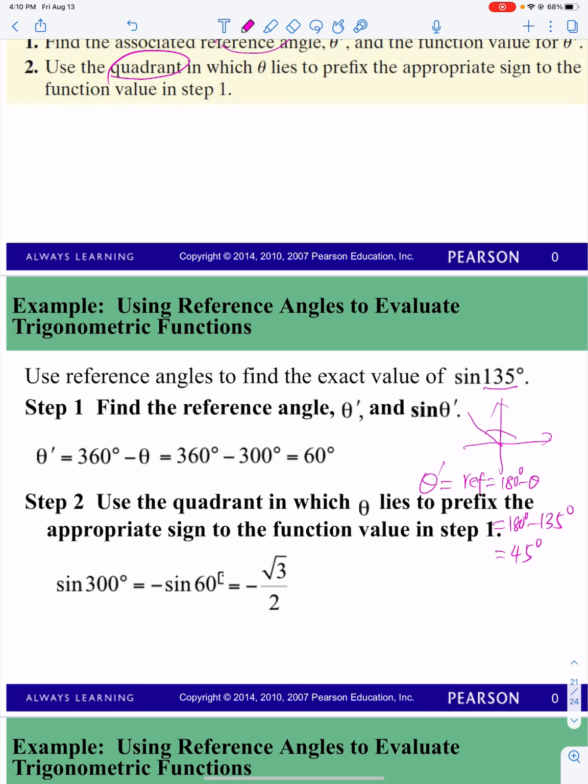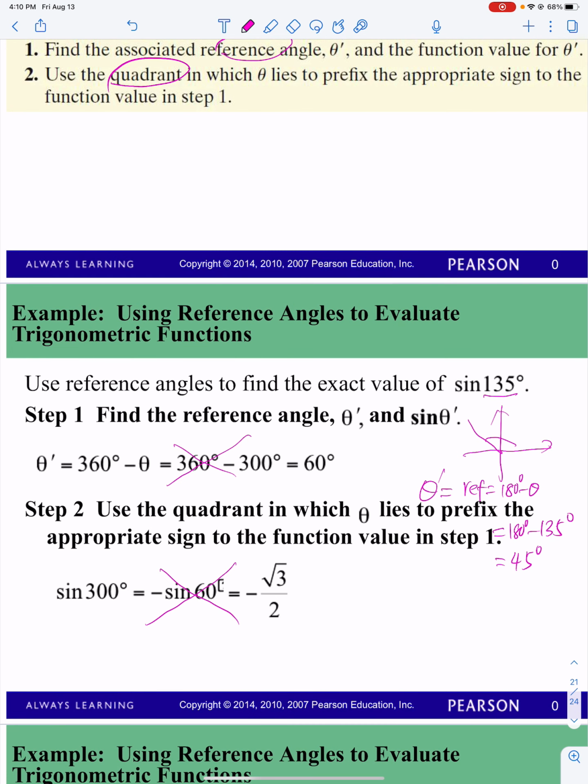Oh, this one, what are they doing? The PowerPoint is wrong, yeah? So theta prime is 45 degrees. And 135 degrees, which quadrant is it in? Quadrant 2. And sine is positive in quadrant 2.